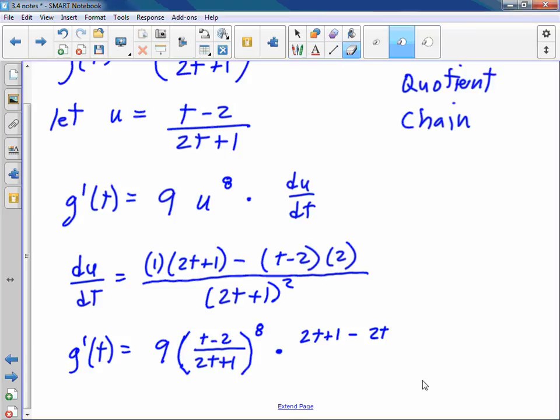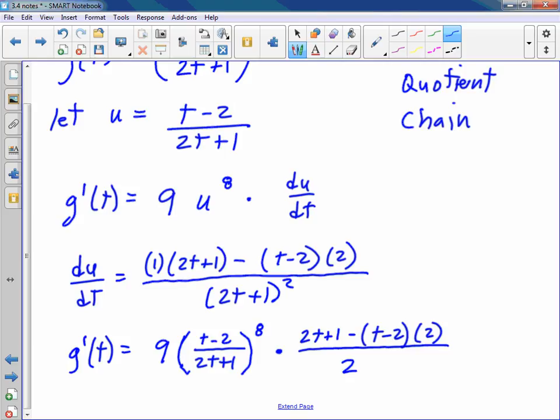I think we better be a little careful there. I'm going to just put that in. Minus (t minus 2). Wow, George, go for a world record. Over (2t plus 1) squared. Is that right, Tyler? Okay.